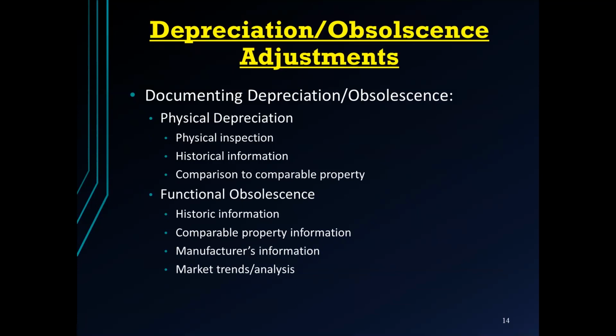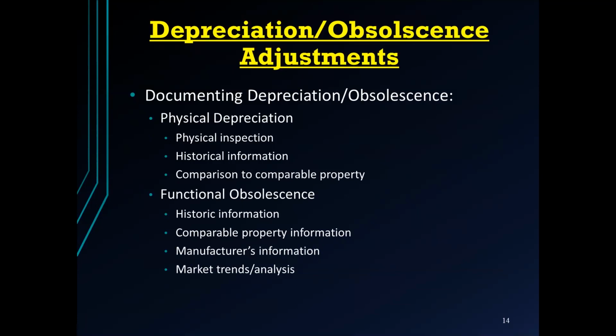That's important when you're looking at changes in preferences in the market. So you can look at what's going on with computer speeds. Because high-tech property depreciates so quickly, because of inherent functional obsolescence, think of it like a laptop.